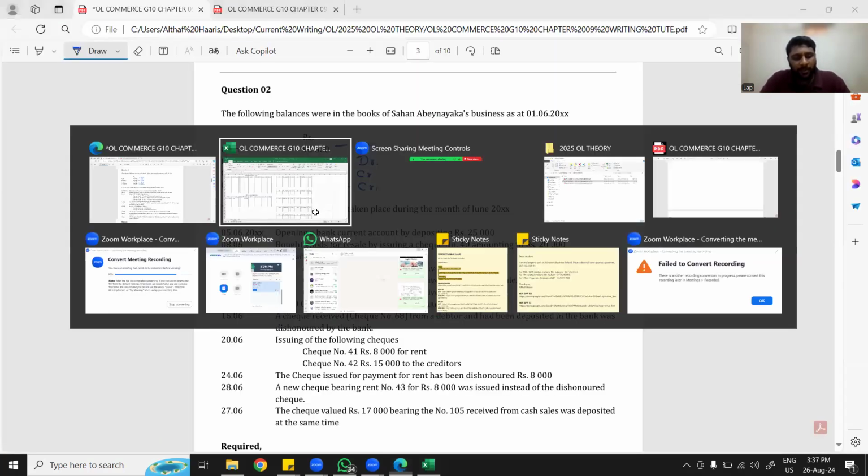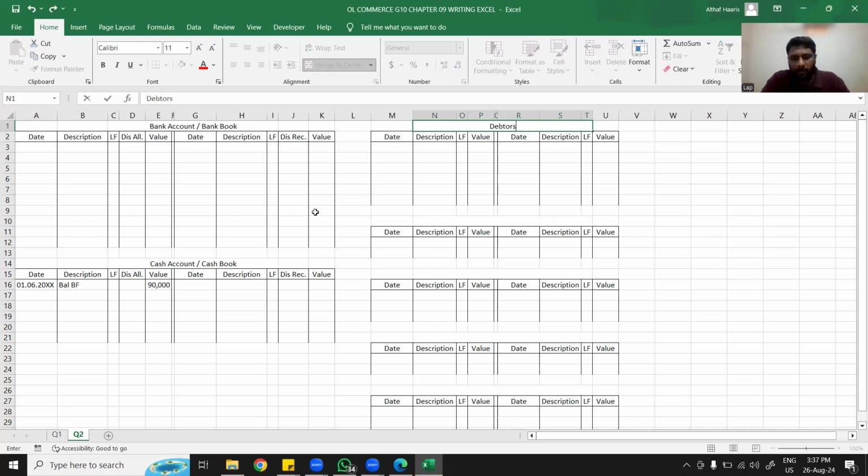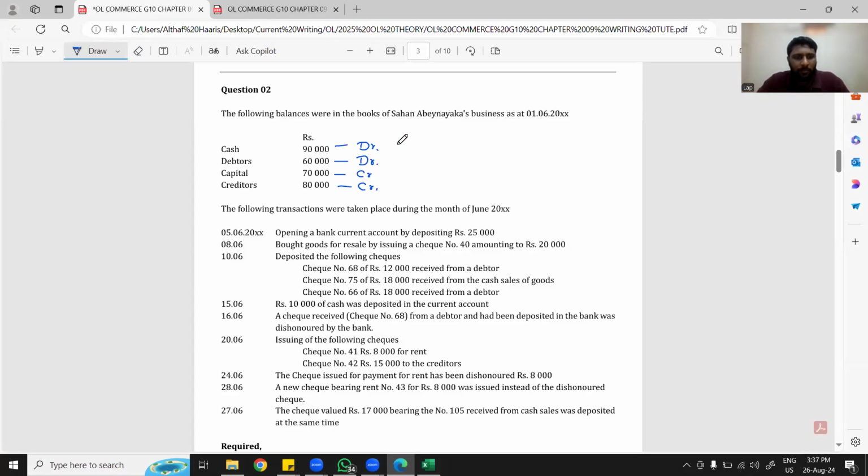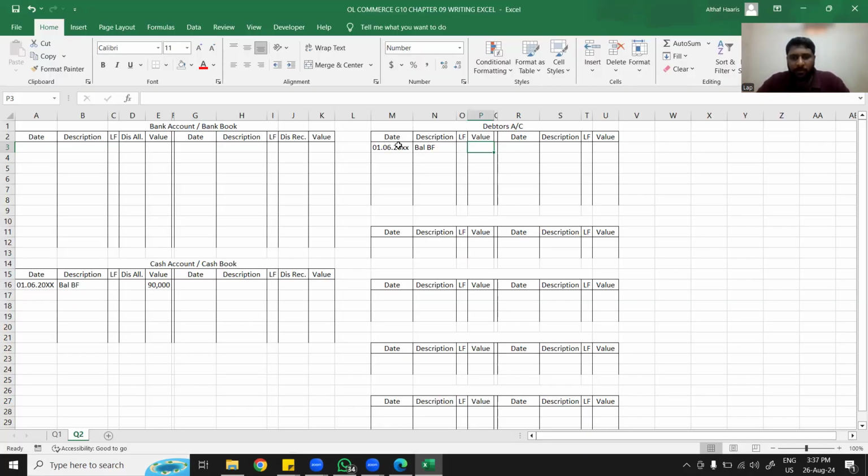Then the debtors account. Balance BF, 60,000.